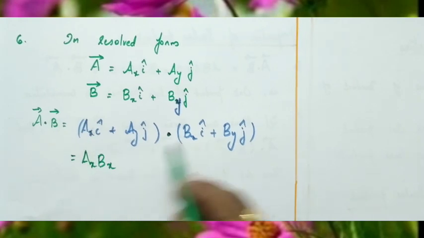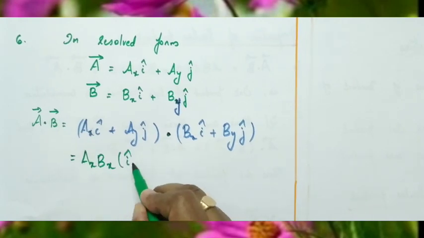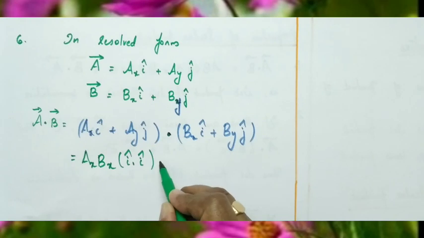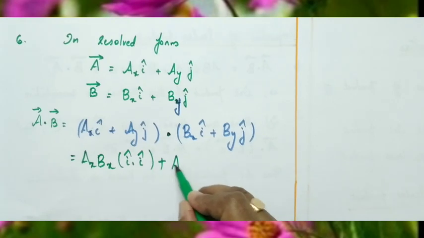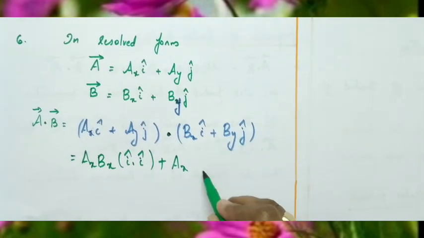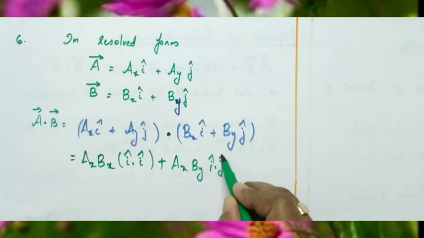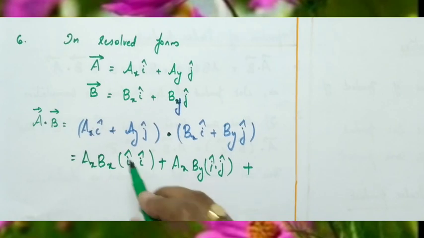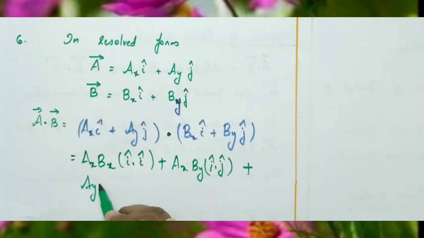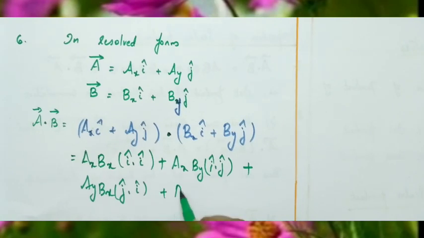Ax Bx into i dot i, plus similarly Ax By into i dot j, plus Ay Bx into j dot i, plus Ay By into j dot j.